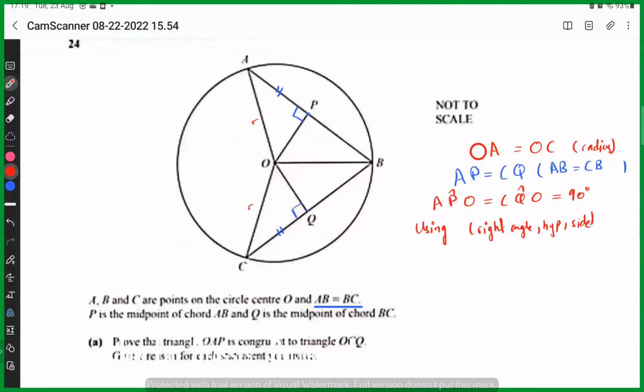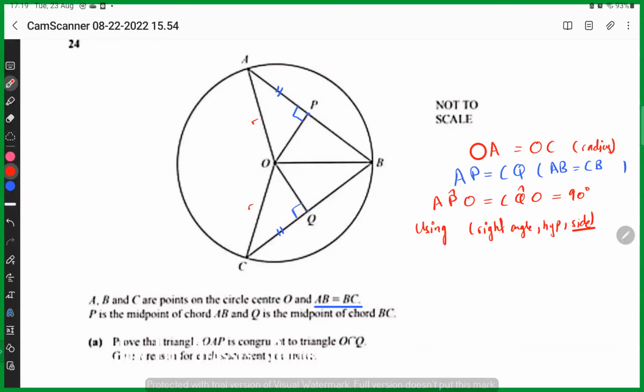And what was this test exactly? Both triangles must have right angle, that is true. Side opposite to right angle must be same, that is true because the side is radius. And then there should be another side. It just says side, another side. So this side is equal to this side. So this is why the two triangles are congruent.